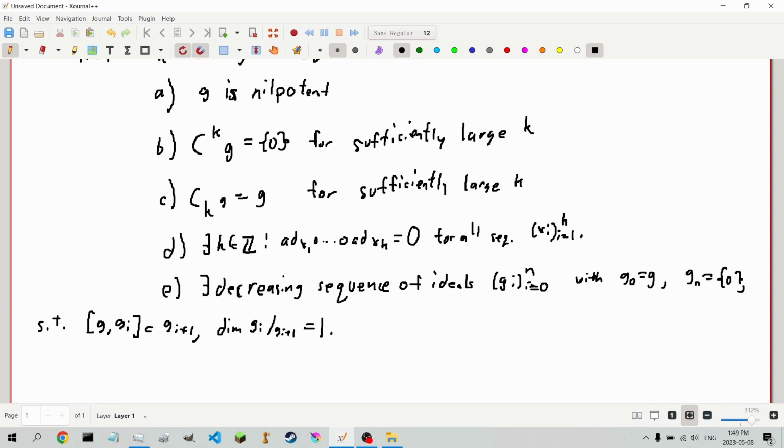Okay. Ideals. Do they never define? Okay, they do. Alright, here we go.